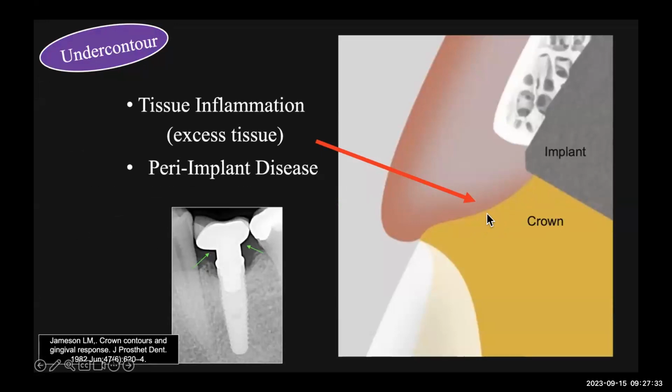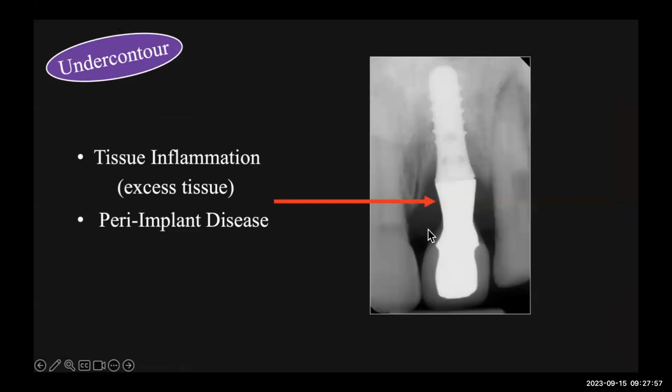Because we have under-contouring, we have excess tissue here. And when you get excess tissue, because the implant is usually smaller than the tooth it's restored from, it is very difficult to get in there and evaluate, whether you're probing or trying to clean. So either an over- or under-contoured prosthesis will cause problems and lead to peri-implant disease.